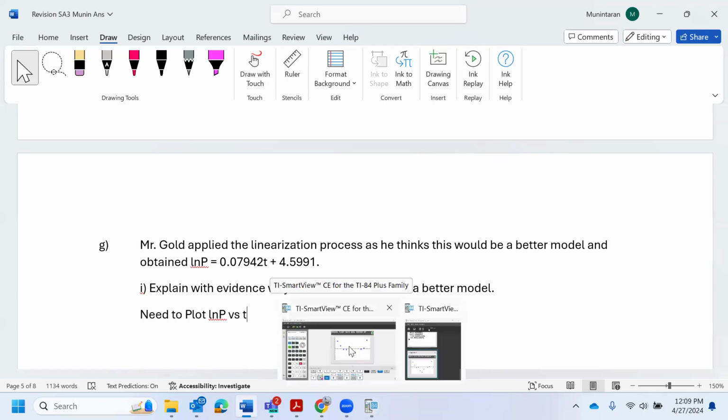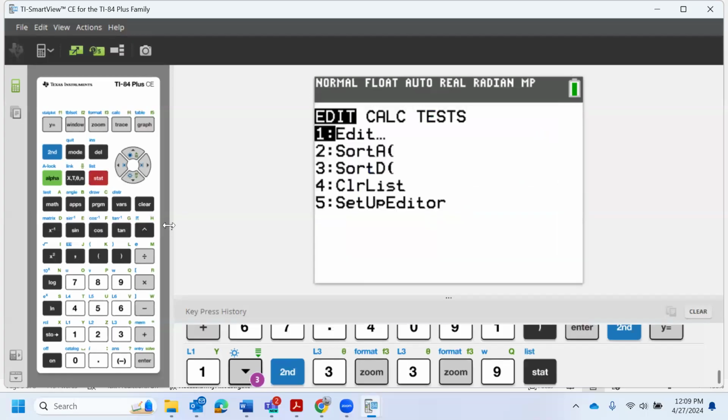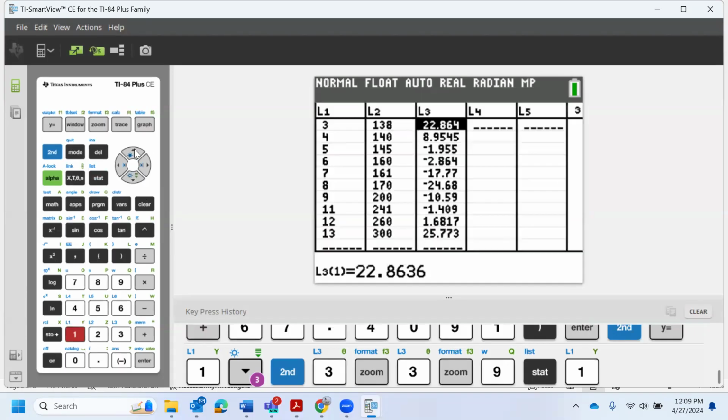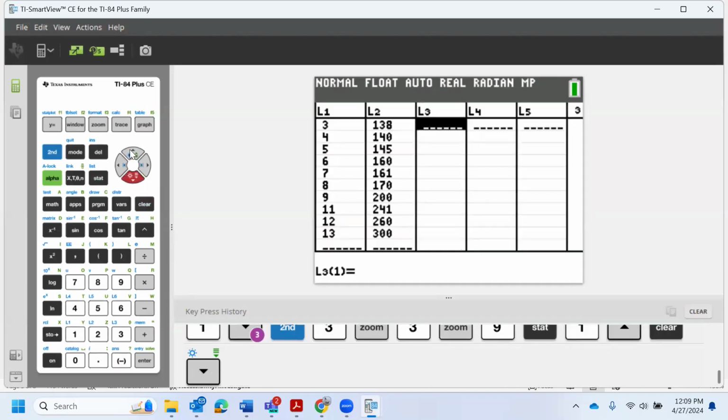So you go to the GC, stat, because we need to have the ln. Go to number 1, edit. We don't want the residual plot anymore, so I'm just going to clear it off. I'm going to go to L3 and make it ln of L2. You have to see carefully whether it's log base 10 or log base e. ln is base e.